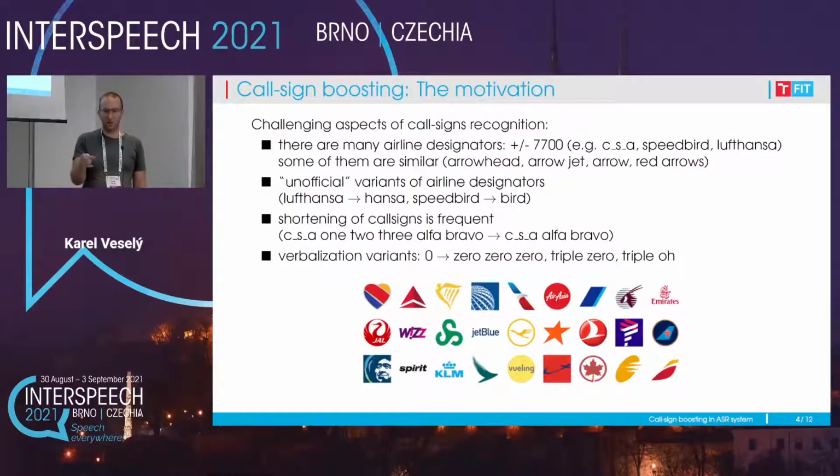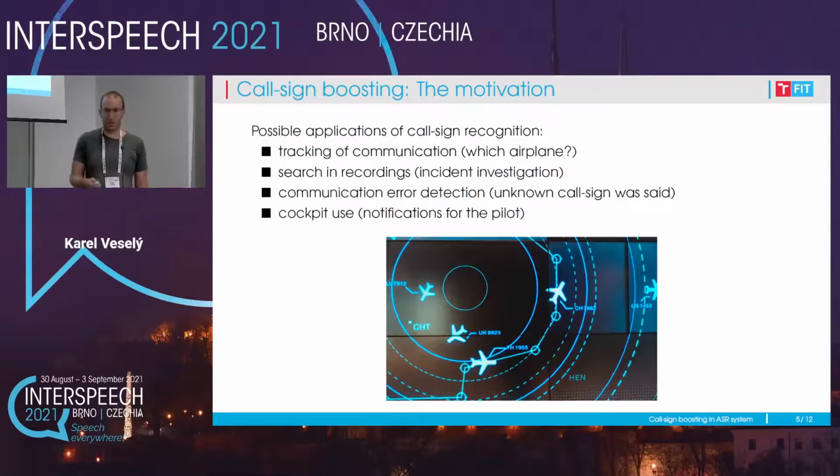Typically the first initial contact uses the full call sign, but then the last two positions or a little bit more is allowed, if it's not ambiguous. And there are also different variants for the verbalization. For instance, where there should be three zeros in this place, it is possible to pronounce them in several different ways. This gives more variability.